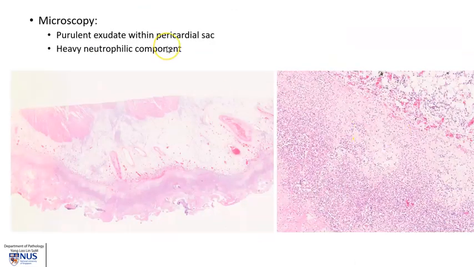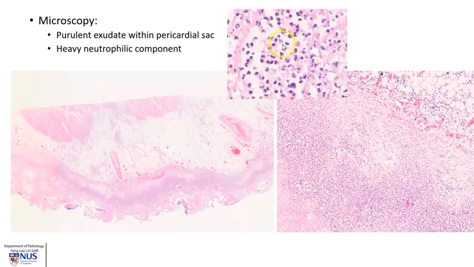Very briefly, on microscopy, we will see purulent exudates within the pericardial sac, and this, of course, as mentioned, will have a very heavy neutrophilic component, so we can see numerous neutrophils mixed with necrotic cellular material, fibrin, and sometimes also bacterial organisms.